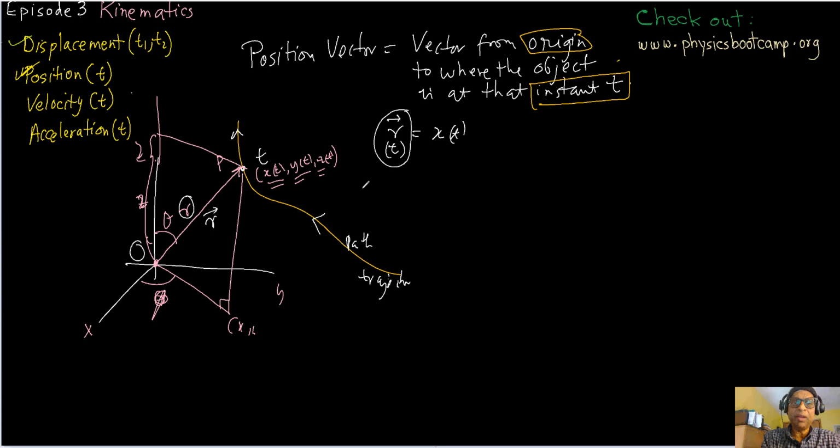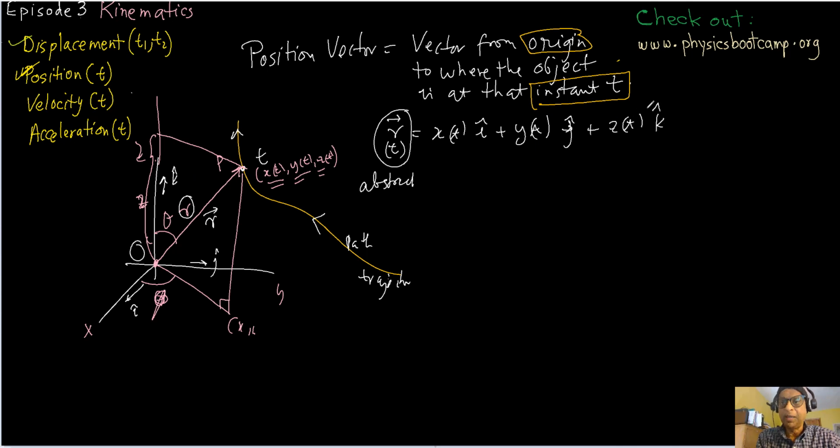So this is kind of abstract way to write, and this will be more explicit way to write: x of t i hat plus y of t j hat. These are the unit vectors: this direction is i hat, this one is j hat, and this direction is k hat. So these are unit vectors, and z of t k hat.